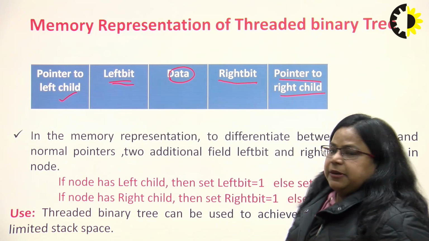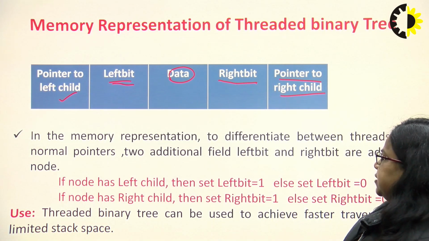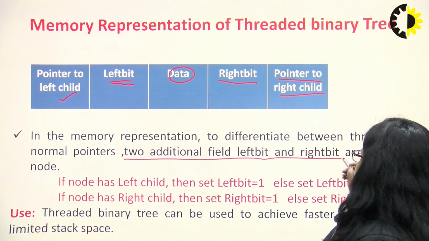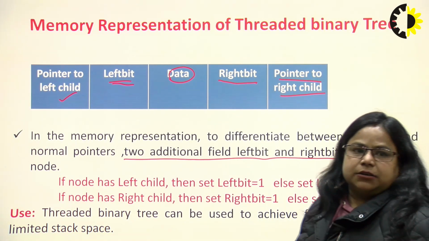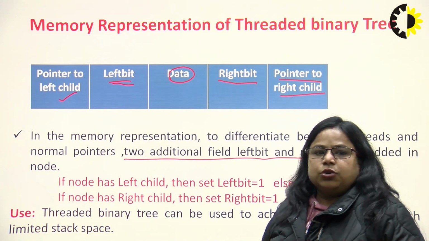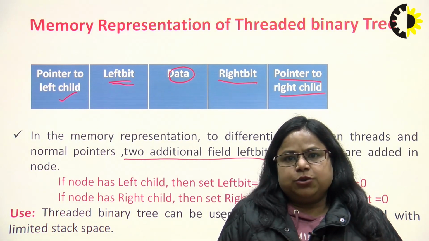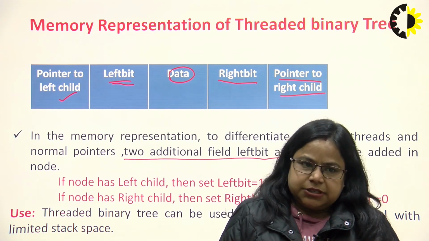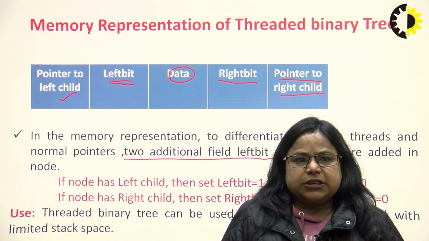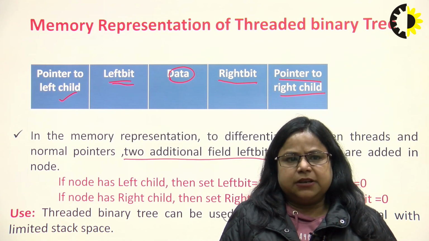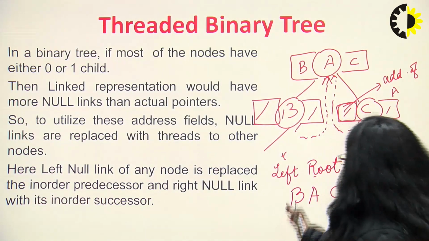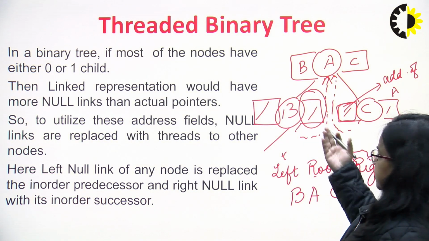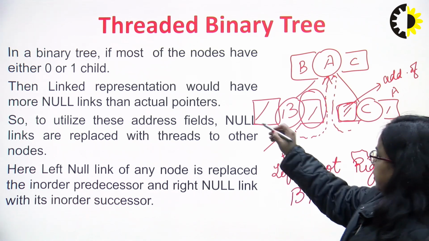To differentiate between threads and normal pointers, we add two additional fields, a left bit and a right bit, to the particular node. If the node has a left child, we set the left bit as 1, otherwise we put 0, right? Similarly, I have given you one example. In this tree, if I am talking about its right subtree, there is no predecessor on the left side.